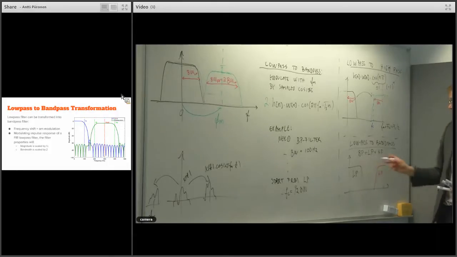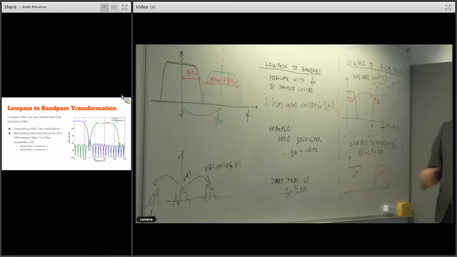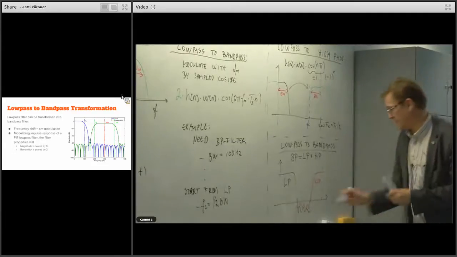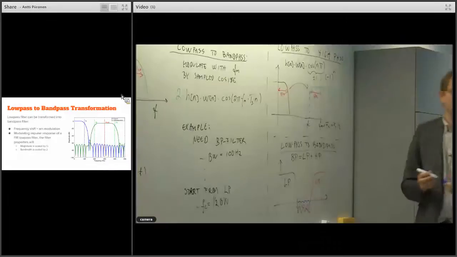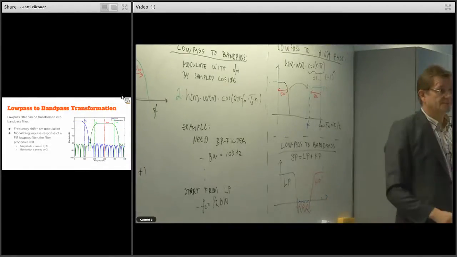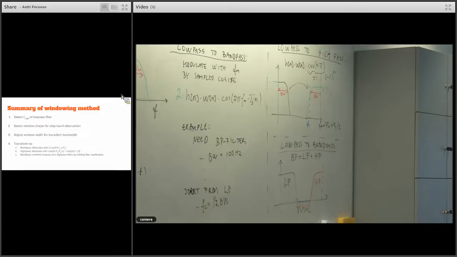Well, adding those together is a band-stop filter. Just with a reminder that these terms here will be summed together, meaning that the sum of those will make the stop band attenuation of the sum a little bit higher than the stop band of either of those. So up to 6 dB. Okay.